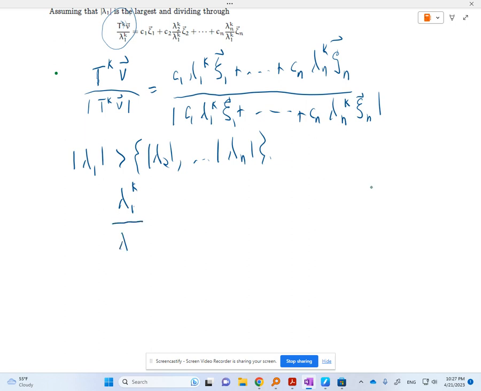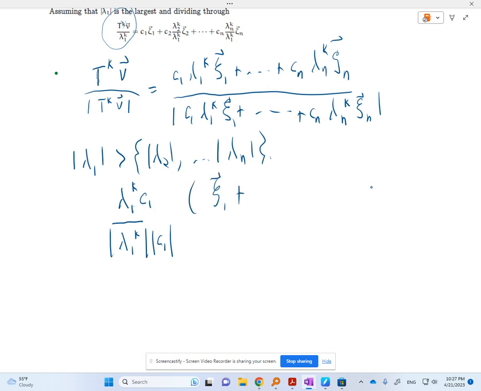So I'll take this lambda 1 to the k as an absolute value here. And then in the top, what's left is, well, let's take out a c1 also. We'll do that too. So this is going to be times the absolute value of c1. That's fine. And then what's remaining here is zeta 1.